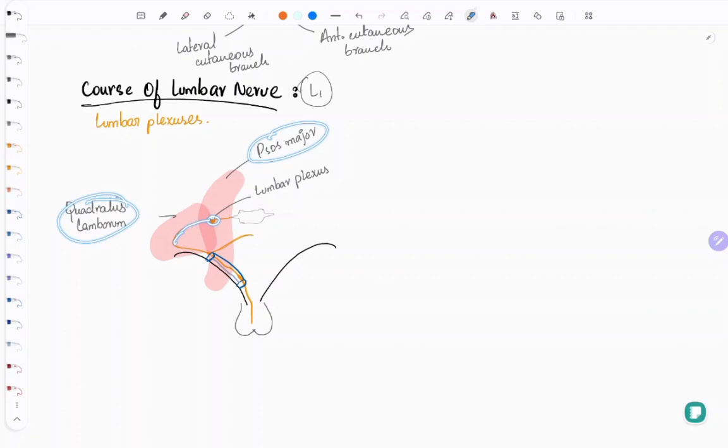And so the first lumbar nerve L1 arises from the lumbar plexus, extends behind the psoas major muscle and quadratus lumborum, and courses forward, dividing into two branches, the iliohypogastric nerve and the ilioinguinal nerve.